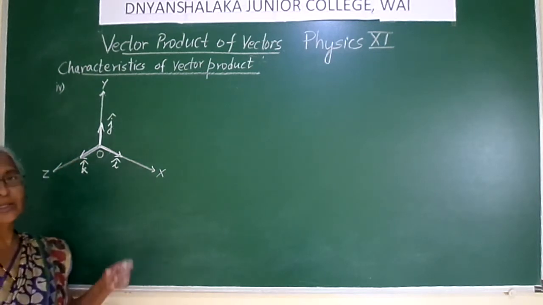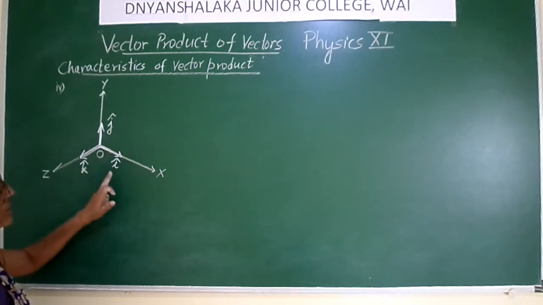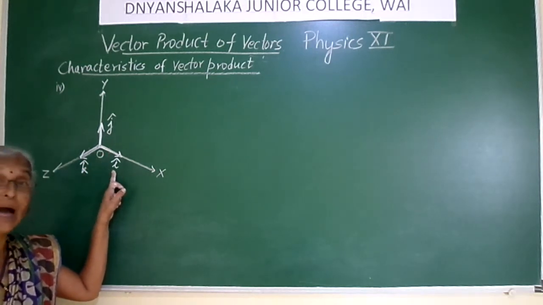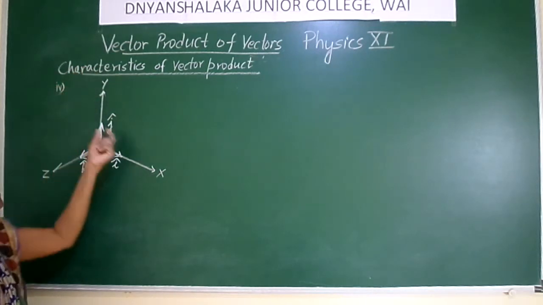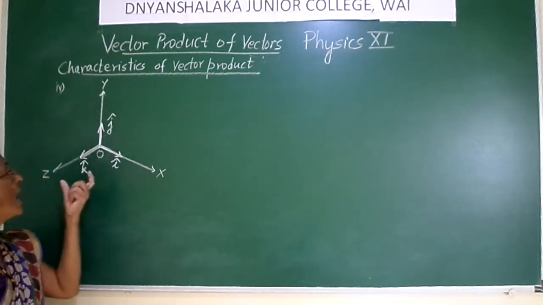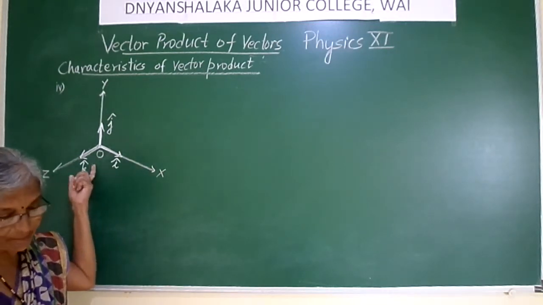Right, students? I'll repeat again. Unit vector along the x-axis is n cap vector i, along the y-axis is n cap vector j, and along the z-axis is n cap vector k.